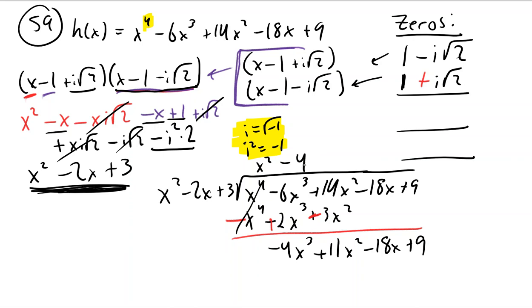Looks like the next part needs to be minus 4x, because negative 4x times x squared is what gives you negative 4x cubed. Also, negative 4x times negative 2x would be 8x squared. And negative 4x times 3 would be minus 12x.